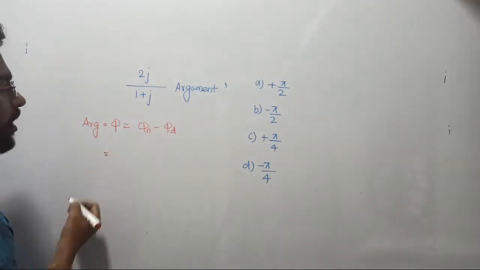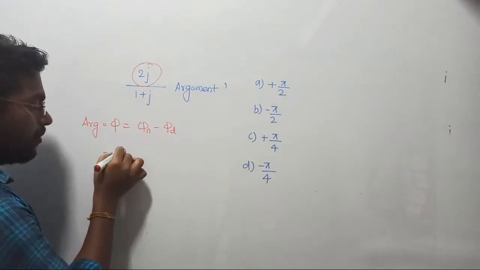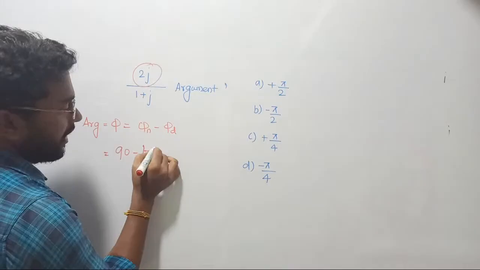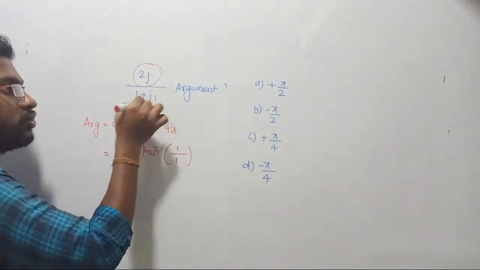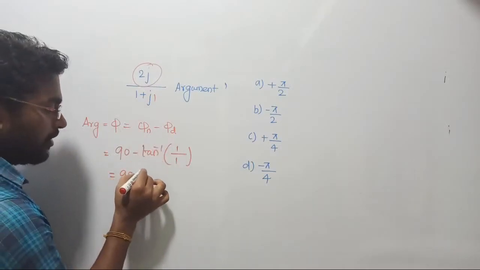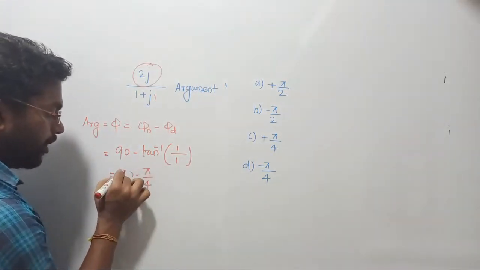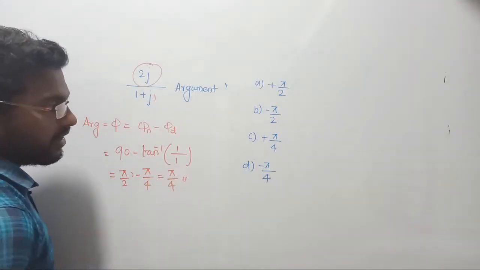The numerator angle is how much? 2j is purely imaginary, so its angle will be 90 degrees. Minus the denominator, that is tan inverse of imaginary by real. Both are 1, imaginary is 1 and real is 1. So that is going to be 45 degrees, such that 90 minus 45, 90 can be written as pi by 2 and 45 as pi by 4. Now pi by 2 minus pi by 4 should be equal to what? Pi by 4.